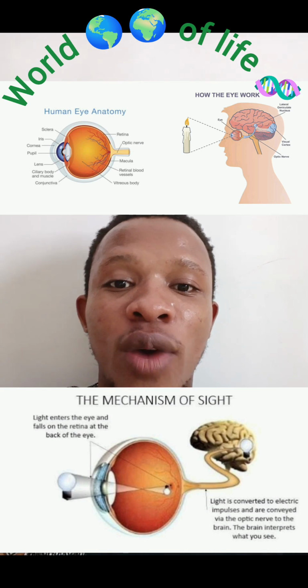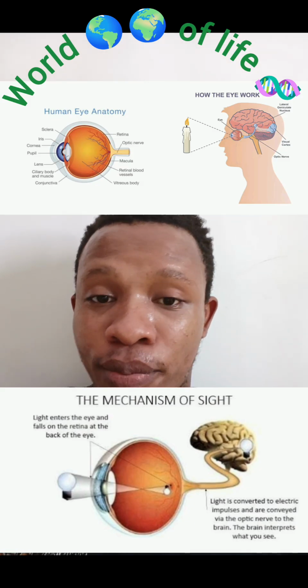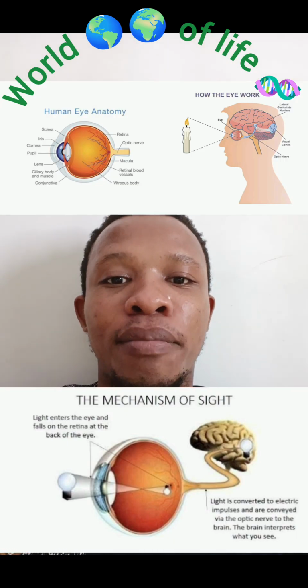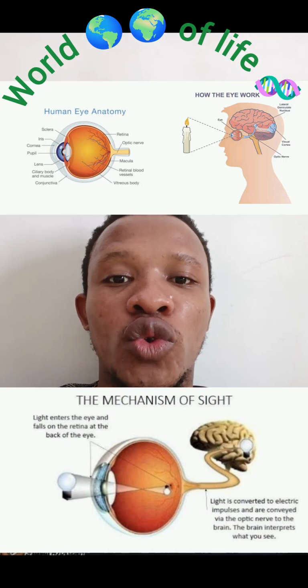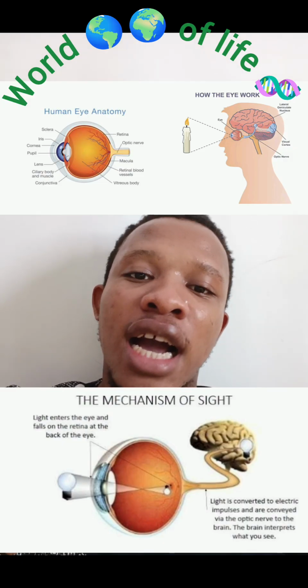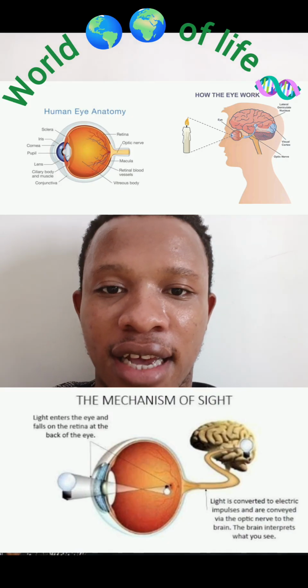Okay, so when it makes the light bend, this happens because of what? Light now passes through two media of different density. After that, it hits the retina.